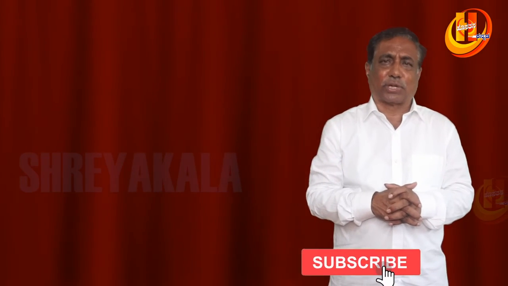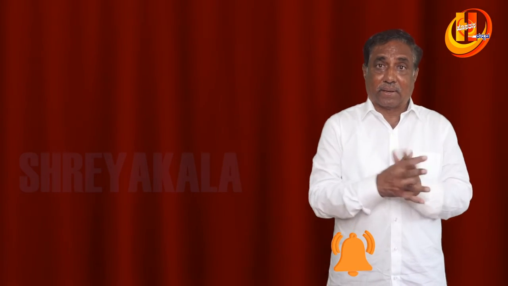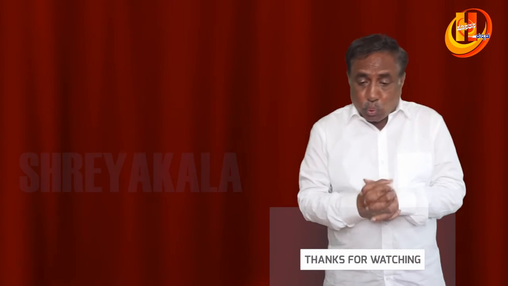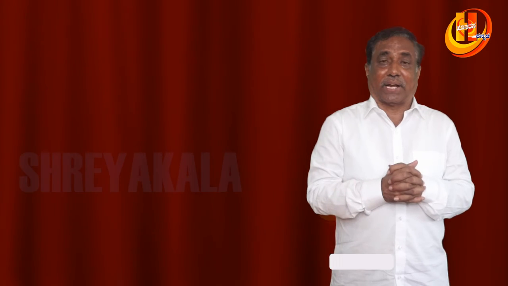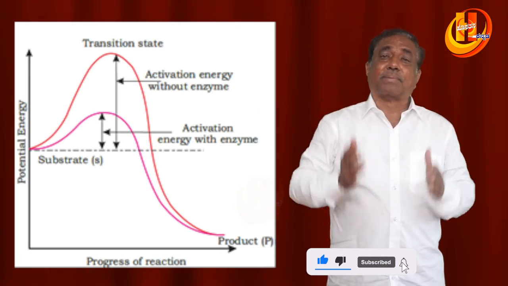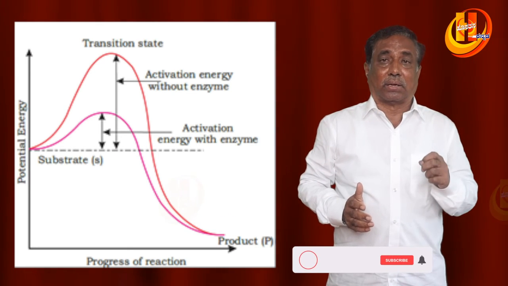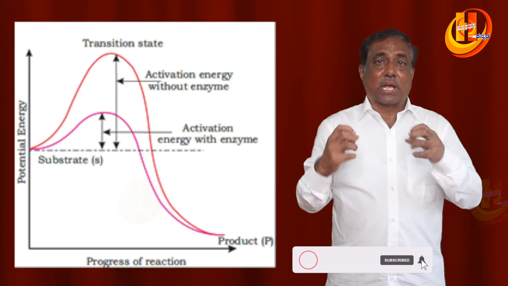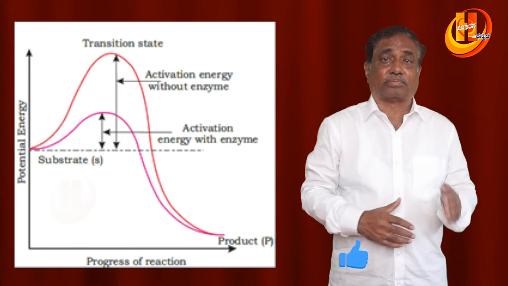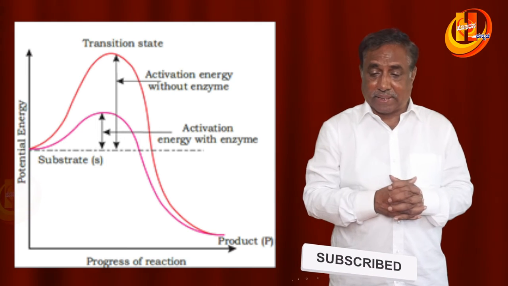The other factors, like pH, are again given in chemistry. And enzymes increase the rate of reaction by lowering the activation energy. Activation energy is the extra energy required by the reactants upon collision to give a product. That is very, very important.